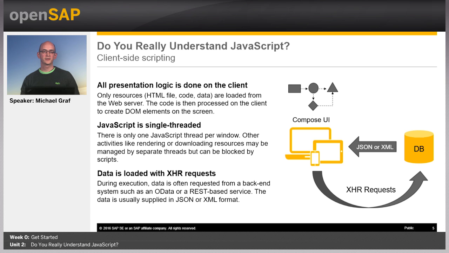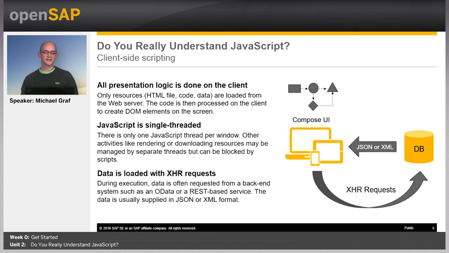So, when we talk about creating web apps, which is what we do, then we will do client-side scripting with JavaScript. All the presentation logic, for example, formatting and re-rendering the UI elements, is done on the client side, inside the browser. Only the resources, for example, the HTML file, code, and additional data, are loaded from the web server.